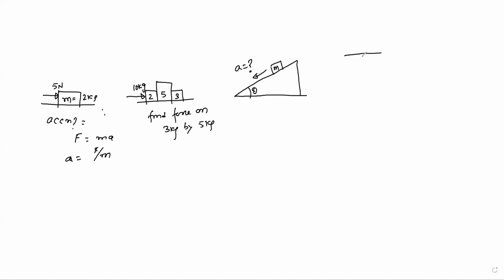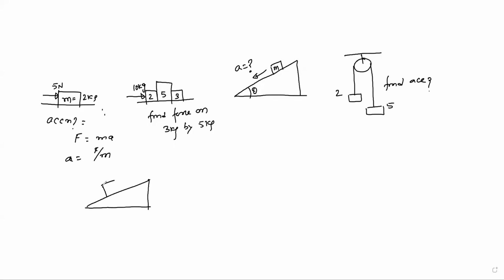Suppose the fourth scenario is like this: there is a pulley and 2 blocks are suspended using a rope. Suppose this is 2 kg, this is 5 kg. Find the acceleration. Suppose one more variation: there are 2 blocks and a pulley, this is connected and there is a block.